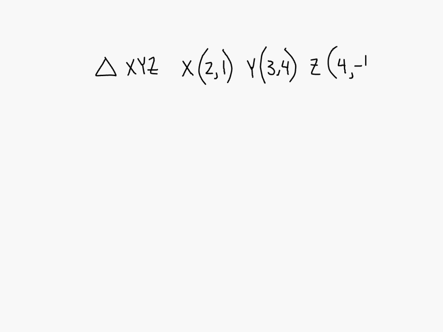You can say that triangle XYZ, and let's say that X is at 2, 1, and Y is at 3, 4, and Z is at 4, -1, is reflected over y equals -2.